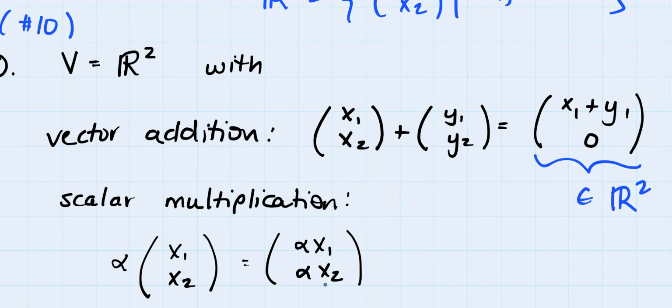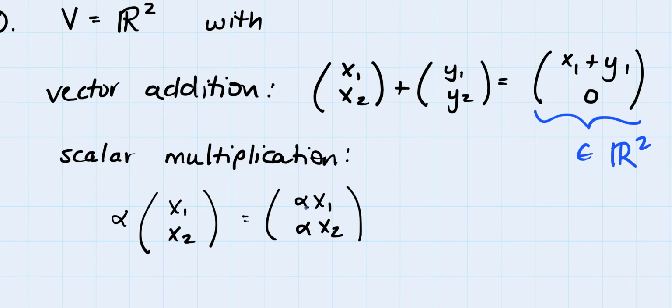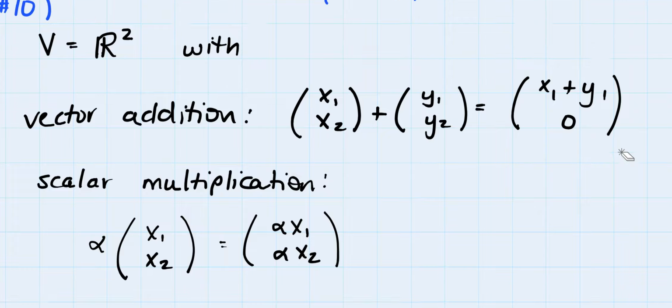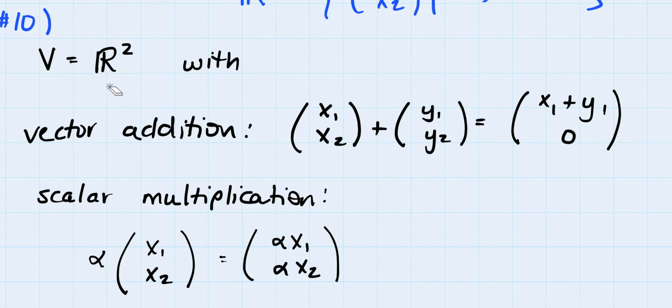And scalar multiplication is in this set as well. So it is closed under addition and scalar multiplication. Now, since we know that R2 with the regular vector addition and the regular scalar multiplication is a vector space, you don't really have to worry about figuring out some properties involving scalar multiplication. It's this addition that's strange, and that's what's going to change. You have to find something involving the addition that doesn't work.